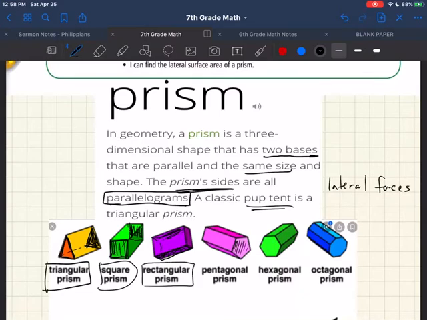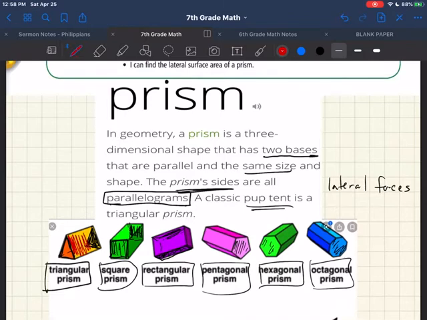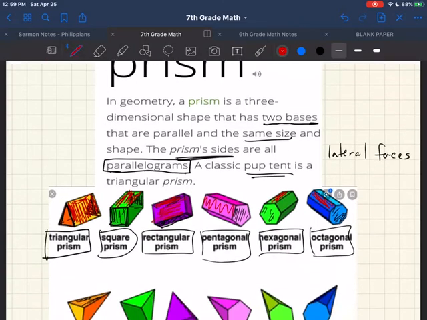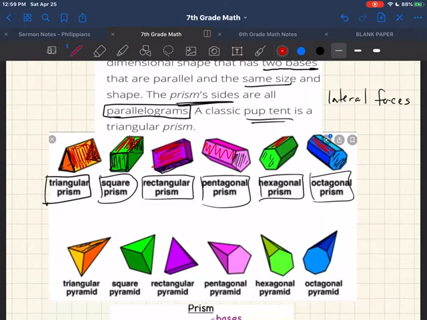This here is a pentagon, so it's pentagonal, a hexagon is hexagonal, and an octagon is octagonal. But no matter what, this is a face, and it is a parallelogram. This is a face, and it is a parallelogram. This is a face, and it's a parallelogram.